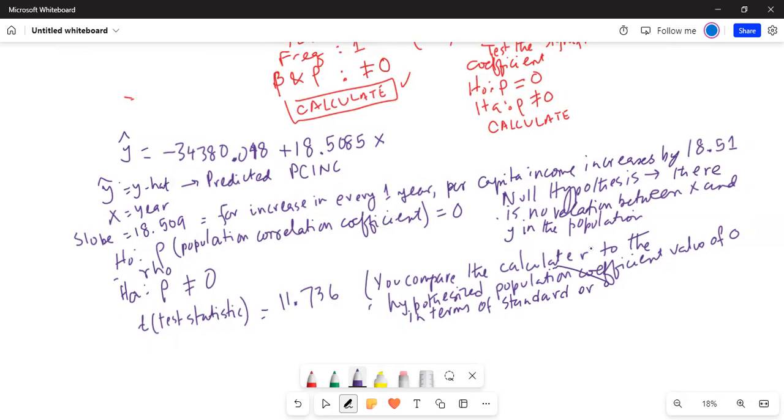So you're comparing the calculated sample correlation coefficient to the hypothesized population correlation coefficient value of 0 in terms of the standard error.